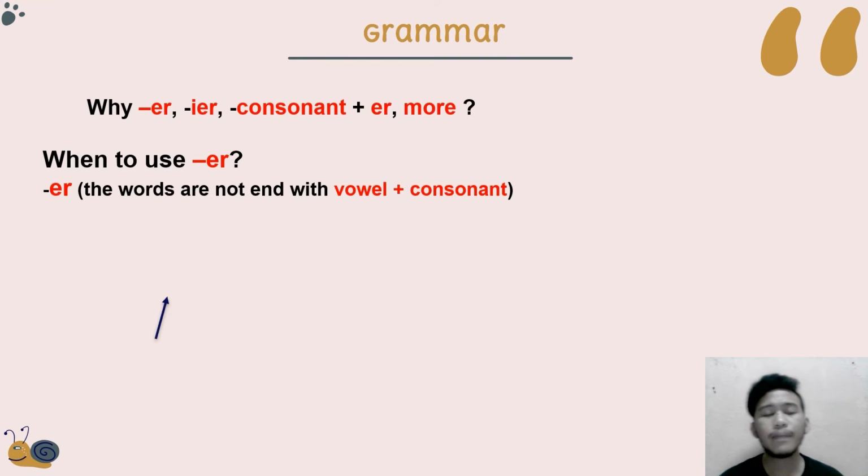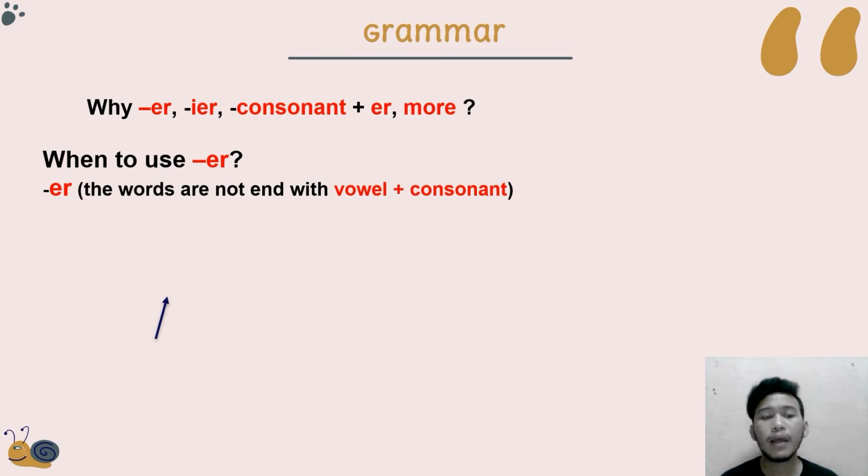Okay, so why do we need to use er, ier, consonant plus er, or more, like I mentioned earlier? Why do we need to use them, and when do we need to use them? Firstly, we will go with the er first, and later on I will explain ier, consonant plus er, and more.